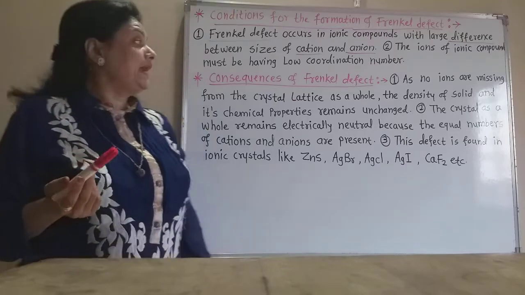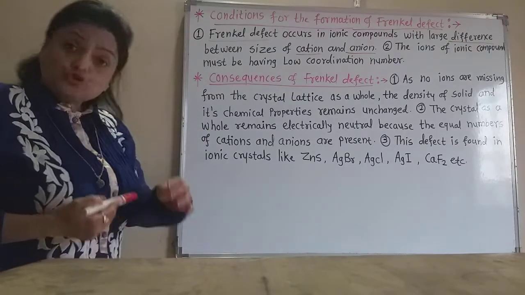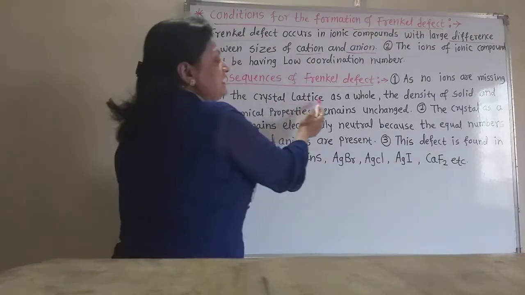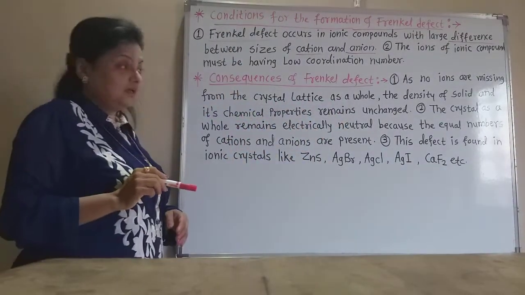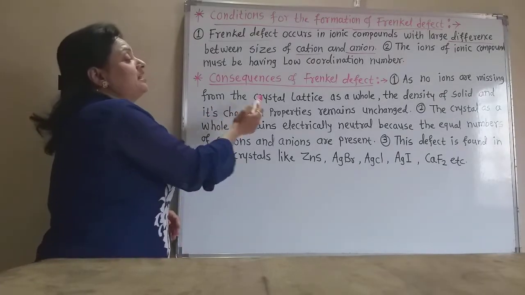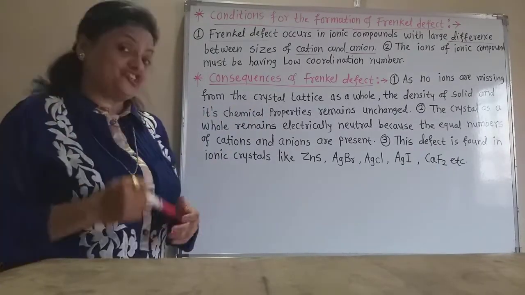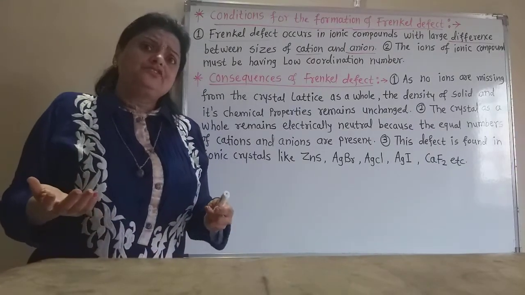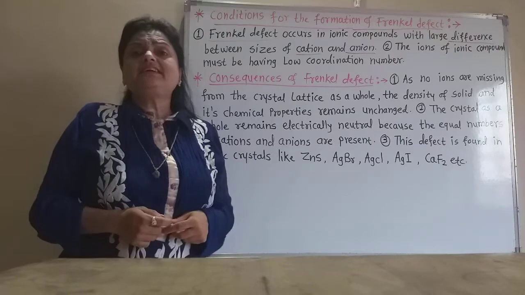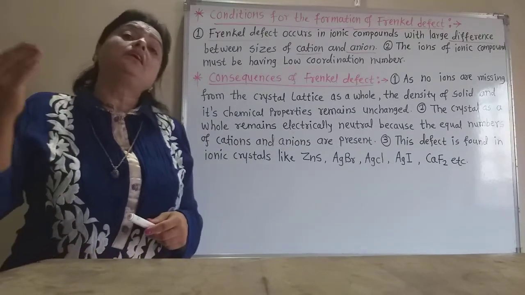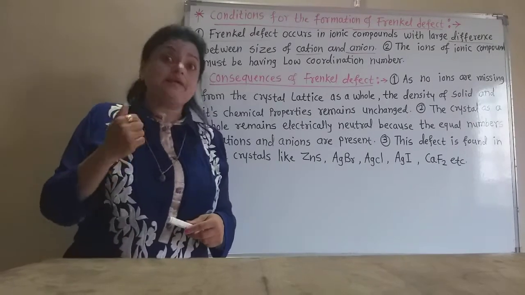Due to that, what happens? As no ions are missing from the crystal lattice as a whole, the density of the solid and its chemical properties remain unchanged. The cation loses its original position, but it always occupies the interstitial space in the same crystal lattice.